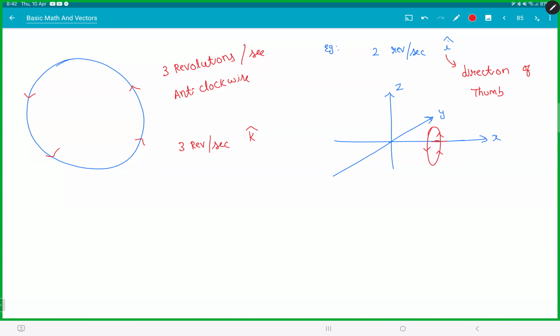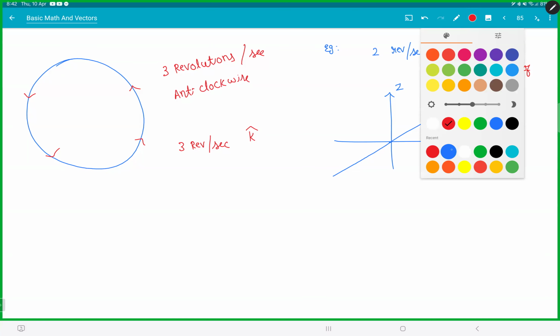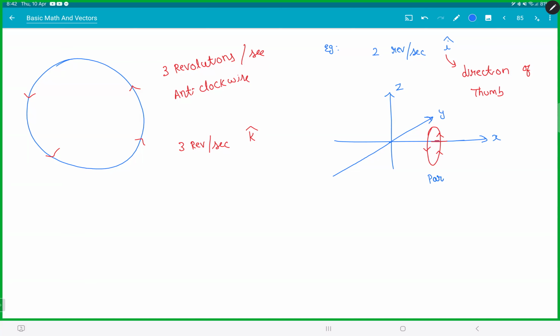It is rotating about the x-axis and the circle is going like this. So here, this particle goes in the YZ plane. Maybe I'll draw it here. This is better. The particle is going in the YZ plane. If you can visualize that.